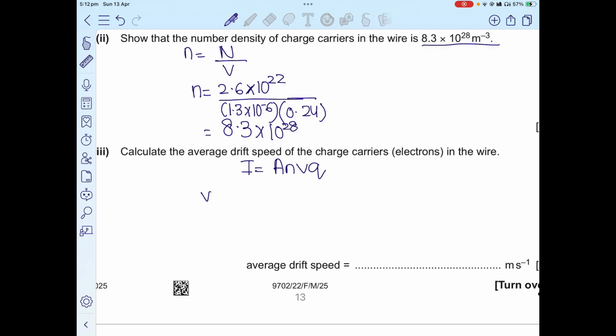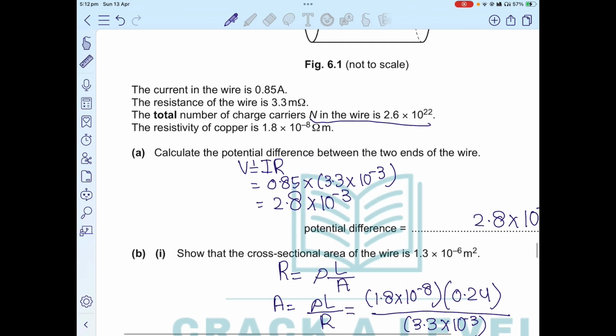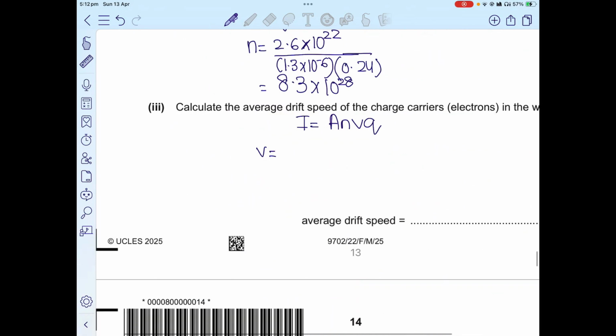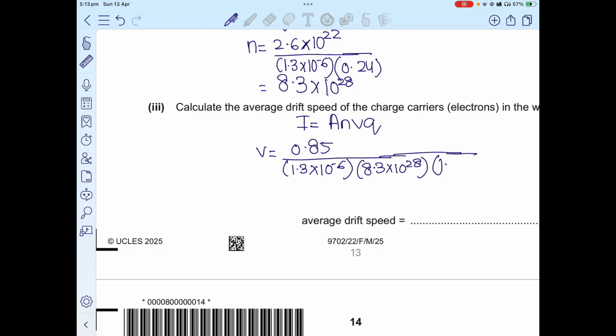So to determine v, I take the current, 0.85 amperes, divided by the area of the wire, 1.3 × 10⁻⁶, then the number density, 8.3 × 10²⁸, and the charge on a single electron, 1.6 × 10⁻¹⁹.